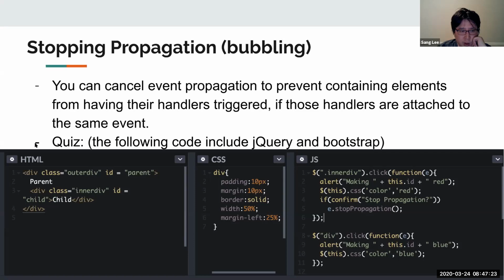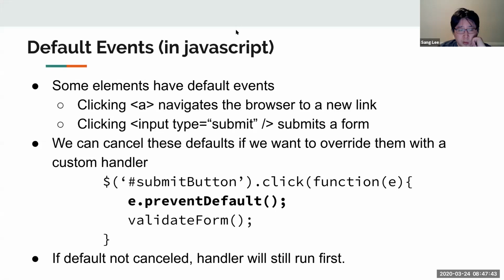This is kind of like the code that I will distribute in the quiz today, and I would like you to answer some of the questions. Basically what's happening here is that I'm adding this one event handler inside this. Let me actually annotate.